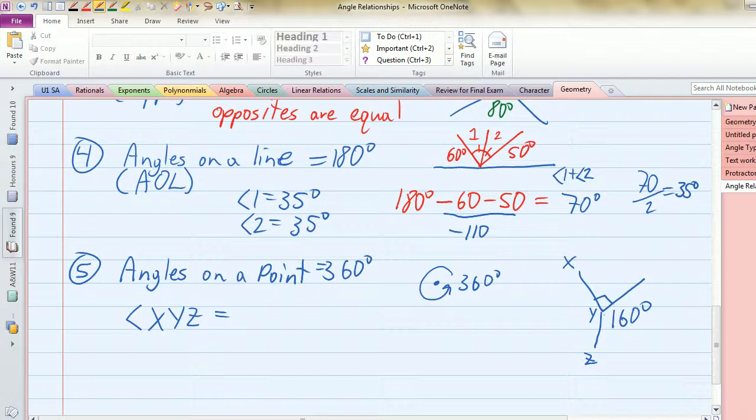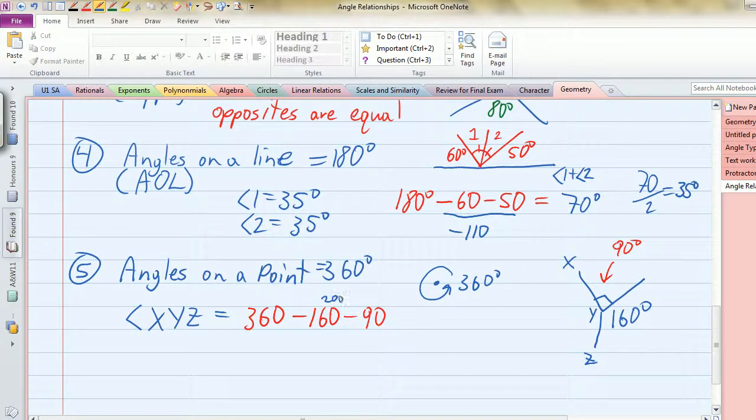Okay. So how would we find that? What will we do for the math? We're only given one number, but what do we know? That's right. We know that's 90 degrees. So we can take our total, 360, and we can subtract 160, and we can subtract 90. Now here, maybe I don't want to add the 160 and 90 together, because it's real easy to go 360 minus 160.